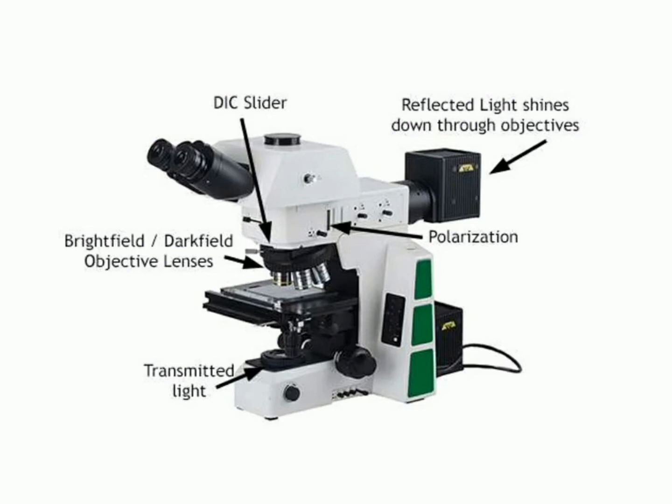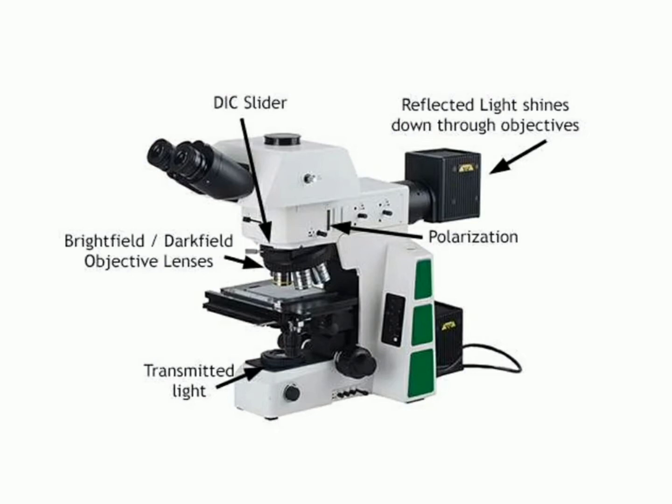The microscope consists of a reflecting light shining down towards the objective, which is shown over there in the form of a black box. Then the bright light and dark field objective lenses are given over there for adjusting different focal lengths and different magnification of the microscope. Then the polarization glasses adjustment can be given over there.